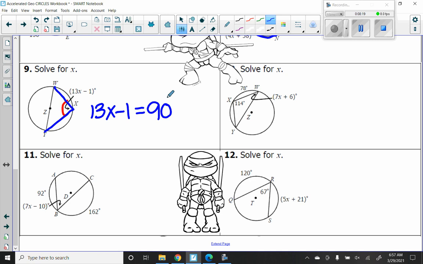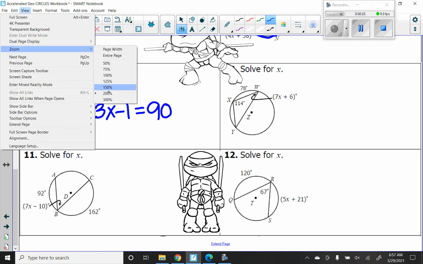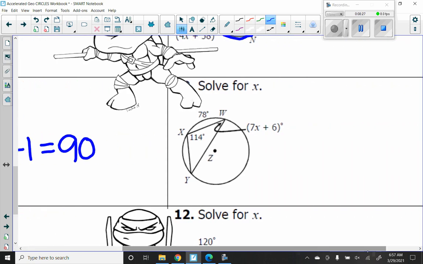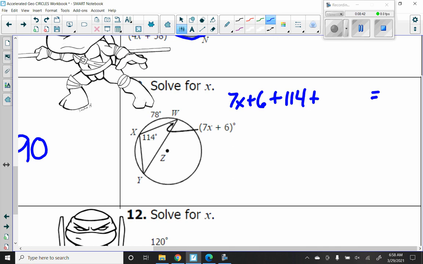Okay, so on this one, I'm going to use the triangle. I think it'd be wise to zoom in here a little bit. The triangle adds up to 180. So I have one angle plus a second angle plus an unknown third angle equals 180.